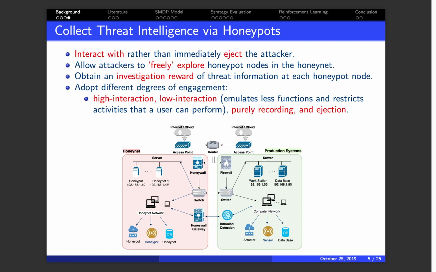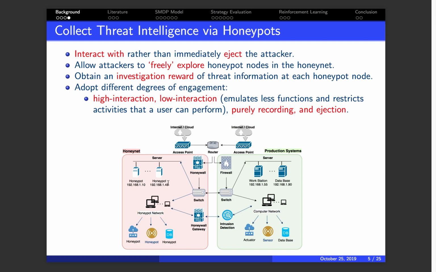Besides detecting attackers efficiently, if we want to collect threat intelligence through honeypots, we should interact rather than immediately eject attackers when we find the user to be malicious. This means we should allow attackers to freely explore the honeypot nodes and analyze their behavior so that we can get an investigation reward.